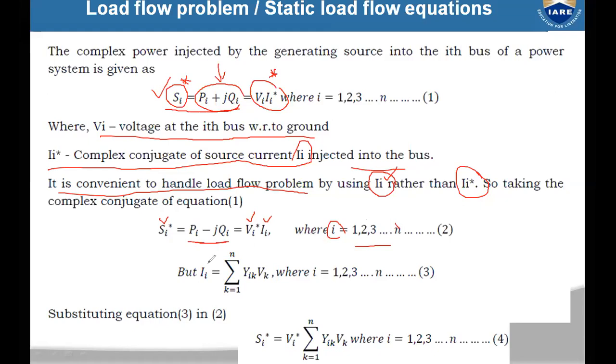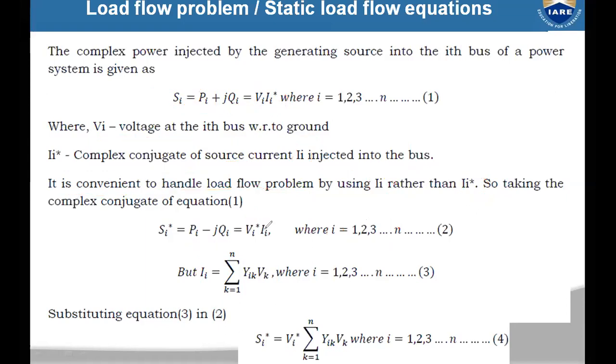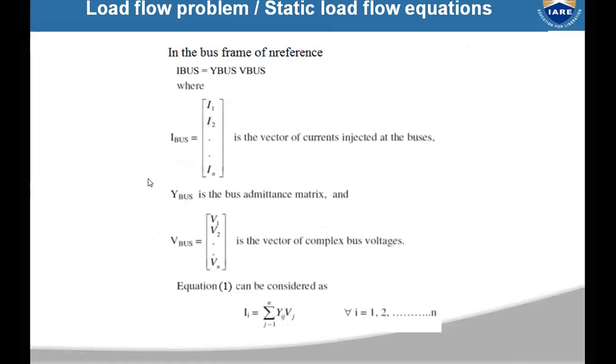Now you know what this Ii is: the sum over k equal to 1 to n of Yik Vk. In the previous slide we discussed this, where Ii was written as the sum over j equal to 1 to n of Yij Vj.